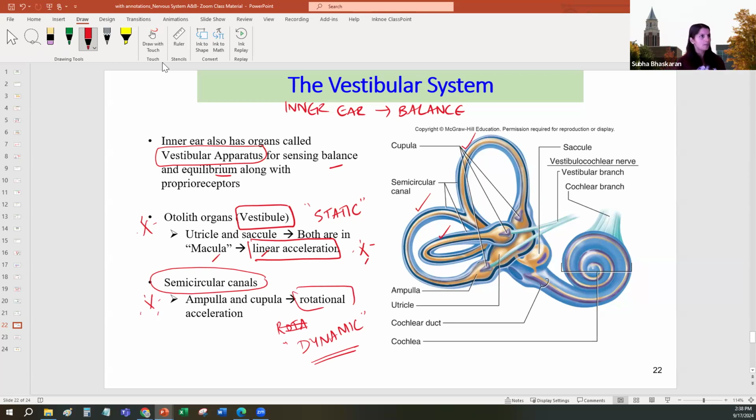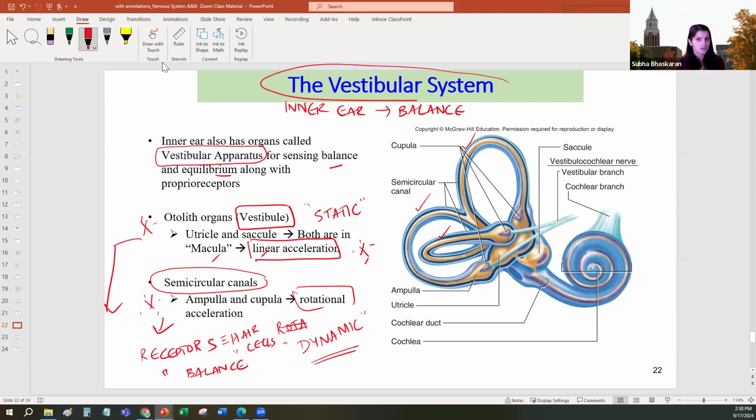So if I say ampulla and cupula, what's the quick connection? Remember, these also have receptors, correct? All of these structures have receptors that will sense what? Balance. And these receptors are amazingly called hair cells. But the hair cells here are found where?